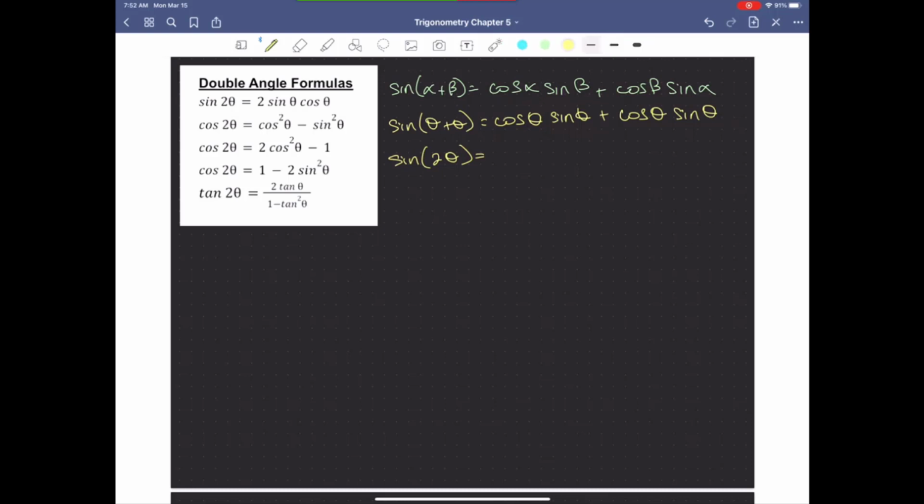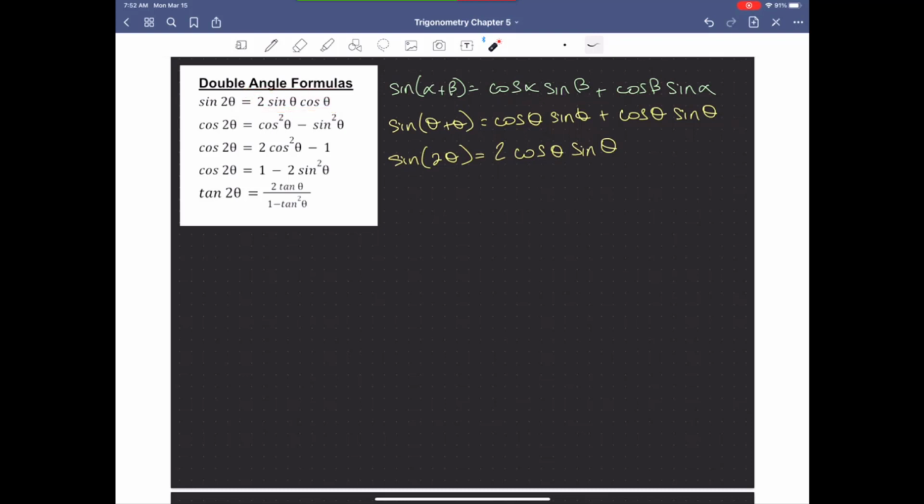Are they exactly the same? Yeah, so how many do you have of them? 2. So it would be 2 cosine alpha sine alpha, right? And is that what they give us as the formula? Yeah, it's the same thing. It doesn't matter which way you multiply something. 2 times 3 is the same thing as 3 times 2.